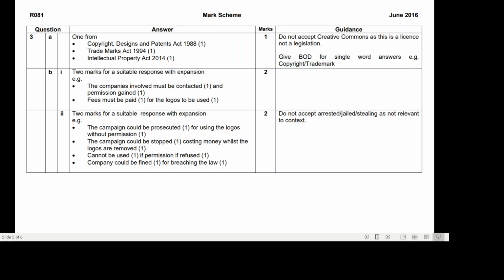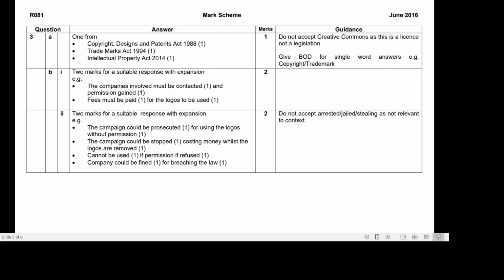Okay, so you get 1 mark if you said the Copyright Design and Patents Act 1988. Notice how it's written properly. Okay, so you might want to get used to saying the Copyright Design and Patents Act 1988, the Trademarks Act 1984, and the Intellectual Property Act 2014. Okay, so there was only 1 mark there, but if you've mentioned one of those 3 things, you'd get the mark.